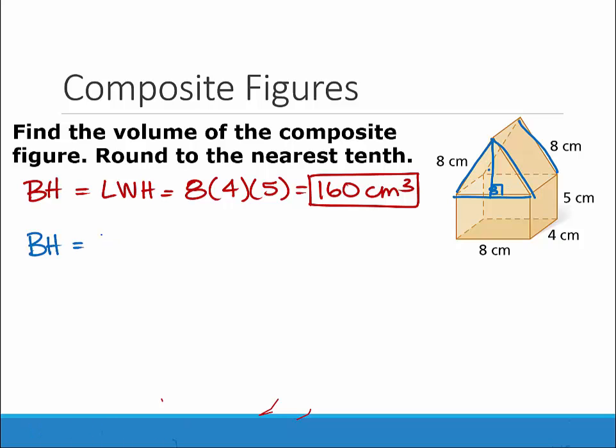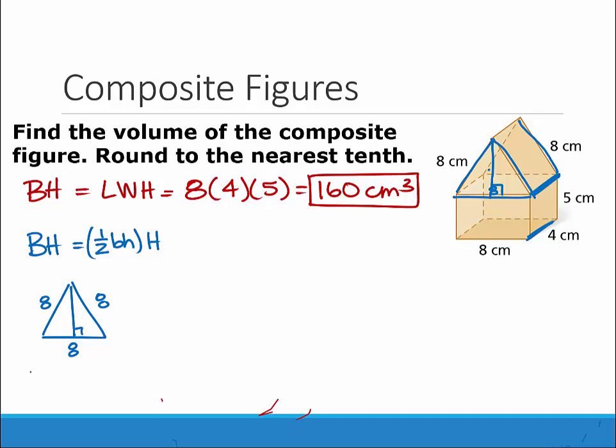So this base times height is really 1/2 base times height of the triangle times the height of the entire prism. And the height of the entire prism is going to be the 4 there, this distance here. So we need to find the height of the triangle. That we don't know. So we know that all these sides are 8.